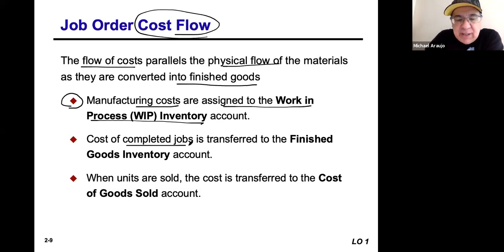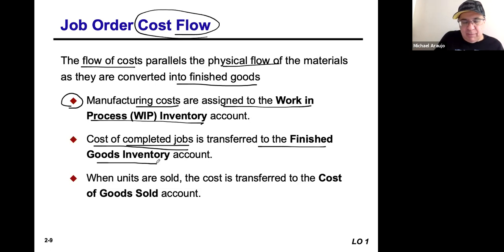Once everything is done, once the job is done, then all of the costs of completing all that work get transferred to finished goods, the finished goods account. And so there's a cost flow, as you see, from the very basic, as raw materials, labor, overhead, to work in progress.